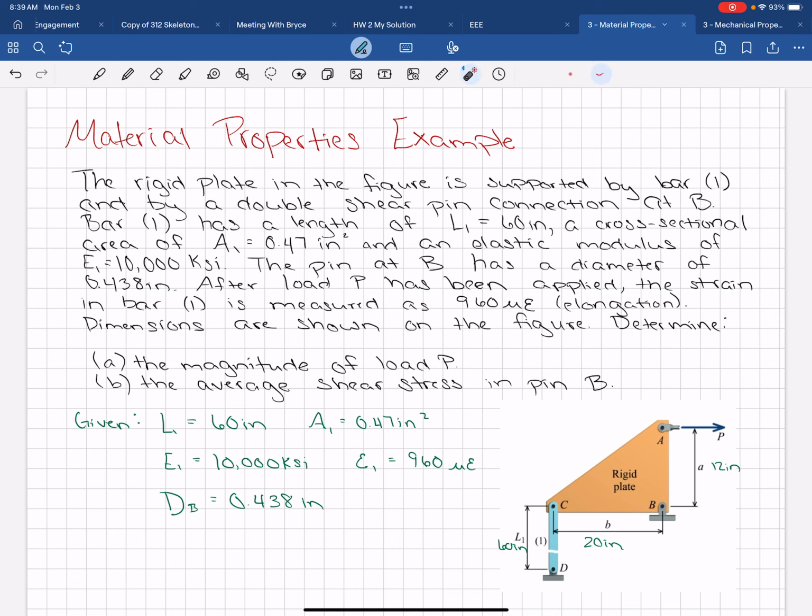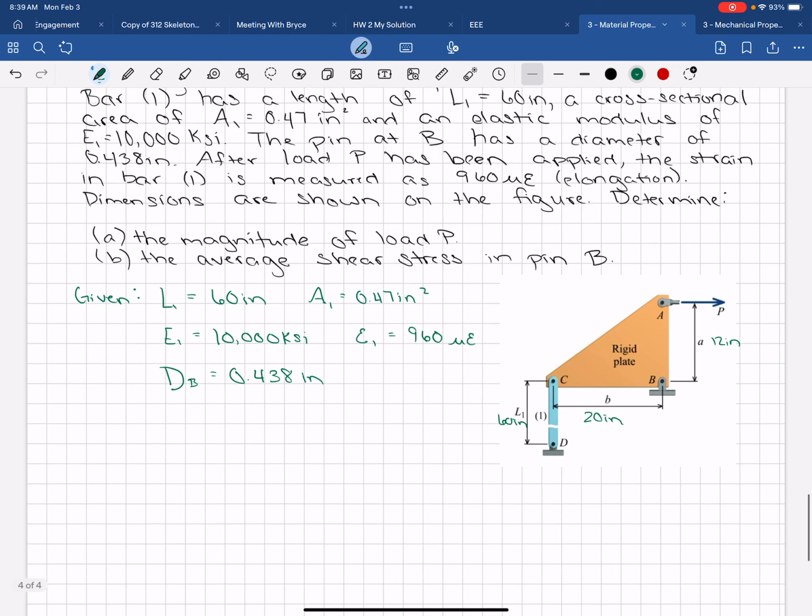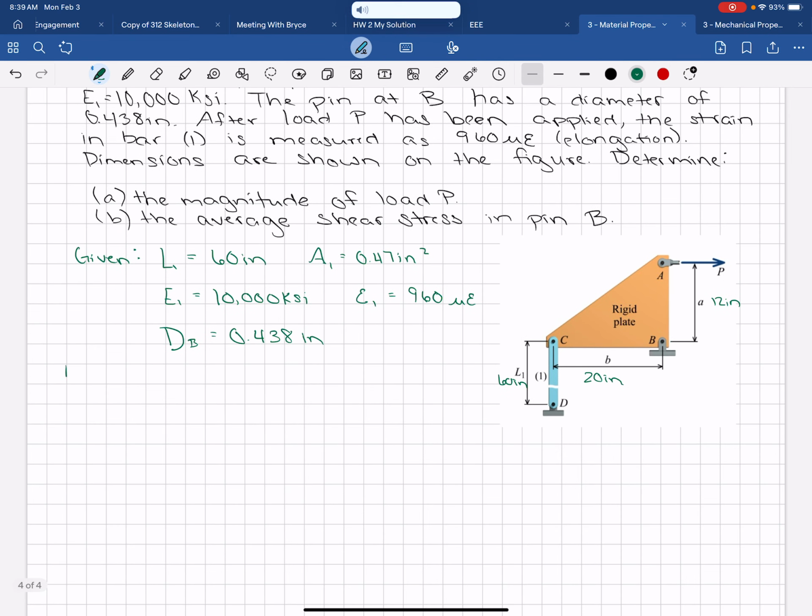Okay. So what is this load? And the average shear stress in pin B. So find, for part A, load P, and for part B, shear stress in pin B. Okay, so this comes down to finding forces.